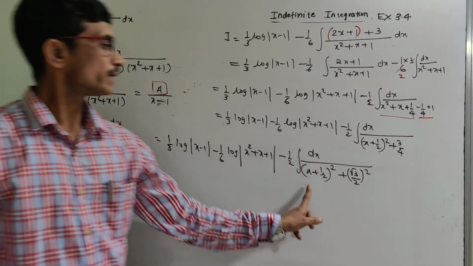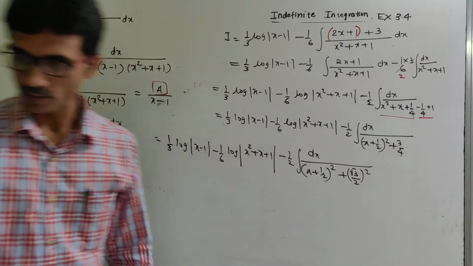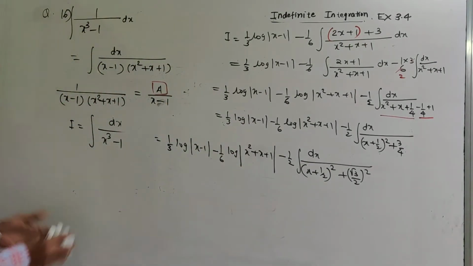Now it is of the form dx upon x square plus a square, which is 1 upon a tan inverse of x upon a. So the answer is this.